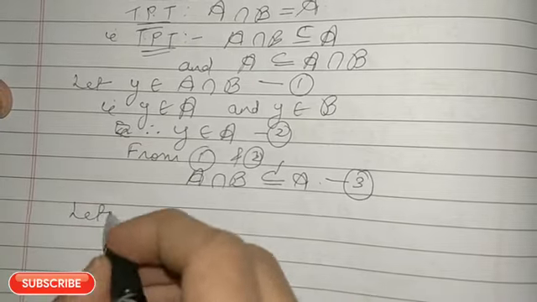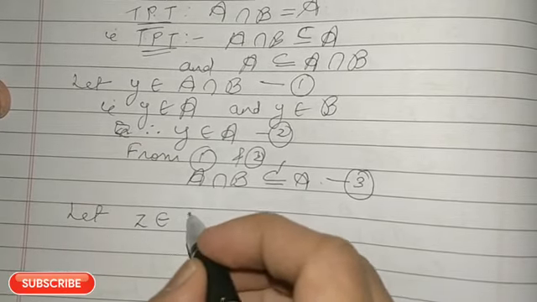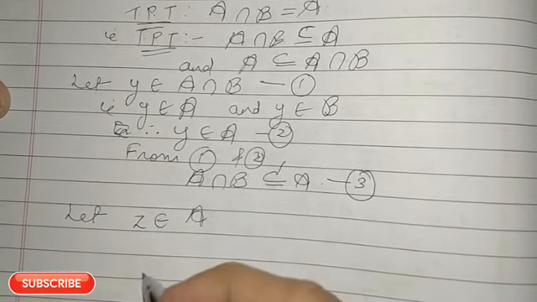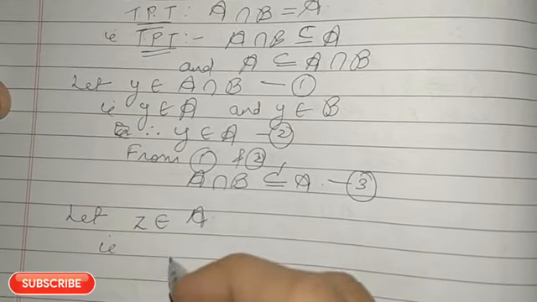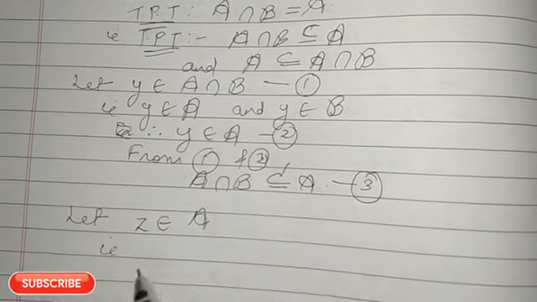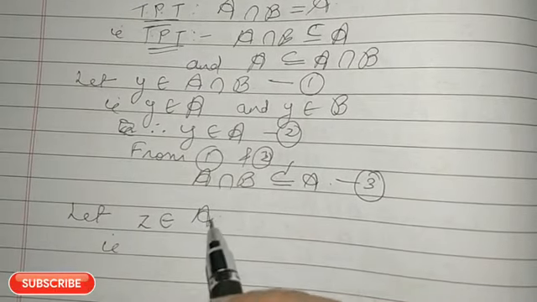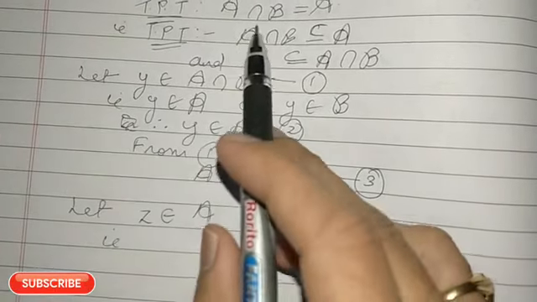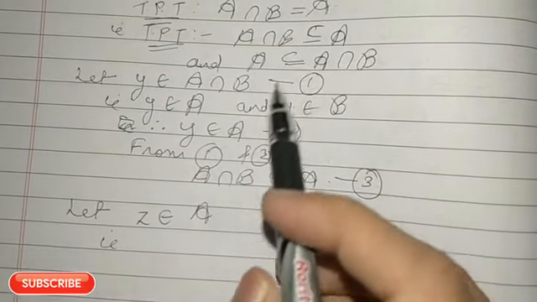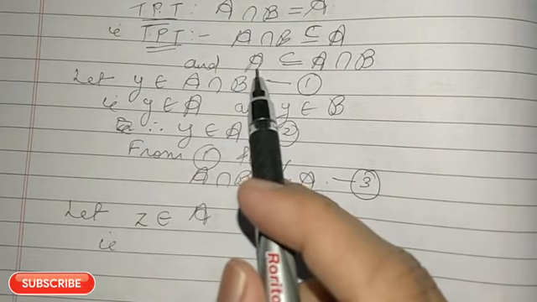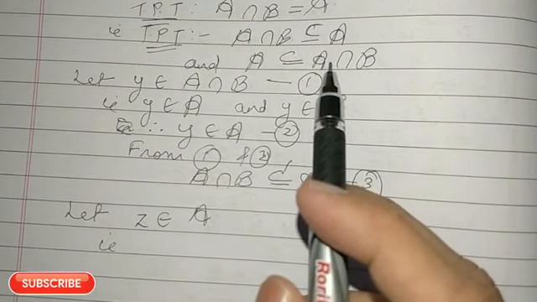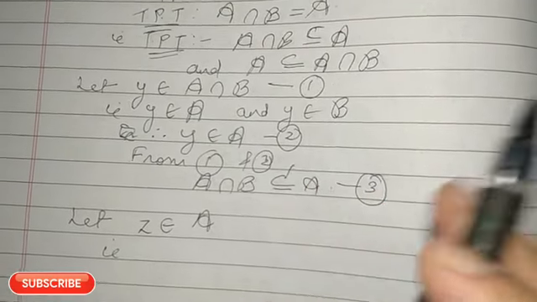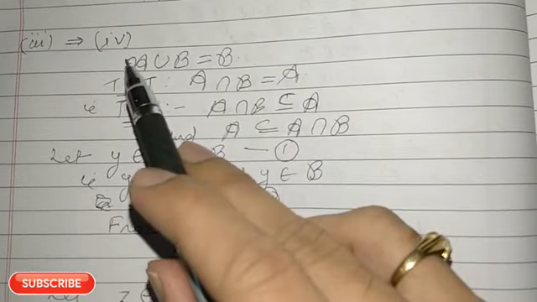Now you take any element Z in A. See, we have to prove that this Z is in the set A intersection B, right? I am taking any element in the set A, we have to prove that the element is in the set A intersection B.